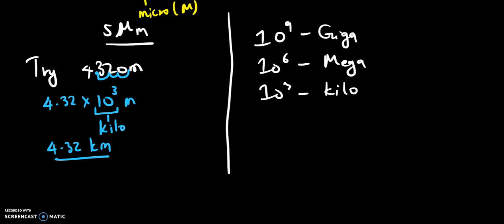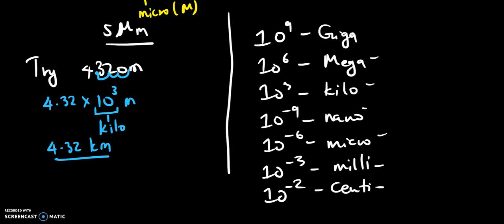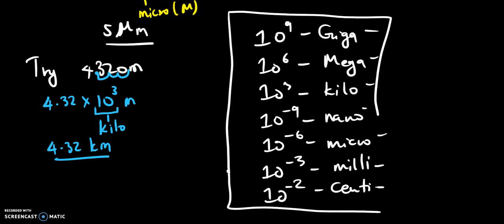And then we have the submultiples. 10 to the power of minus 9 is known as nano. 10 to the power of minus 6 is known as micro. 10 to the power of minus 3 is known as milli. 10 to the power of minus 2 is known as centi. So all of these are prefixes. We use them to simplify large numbers. Alright.